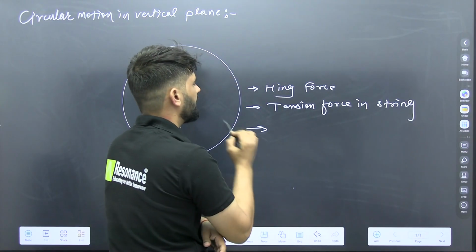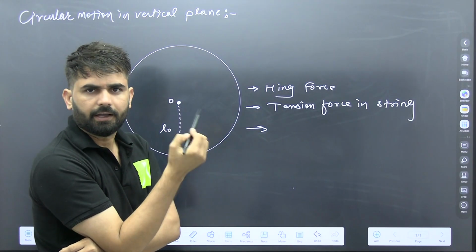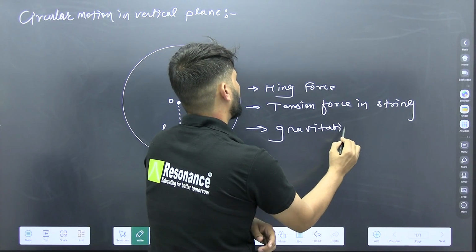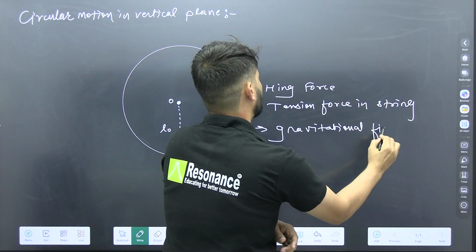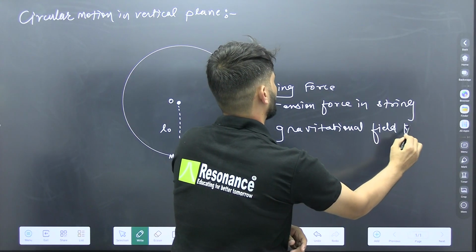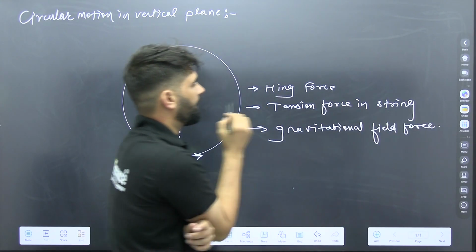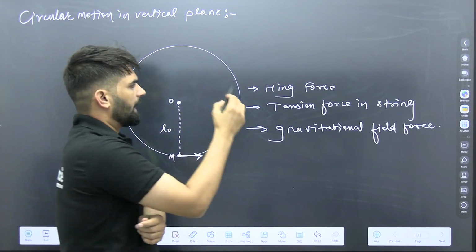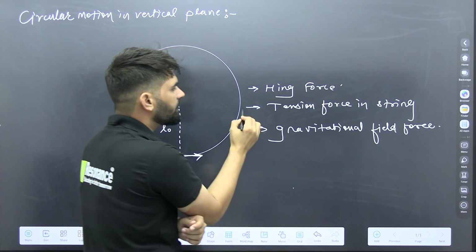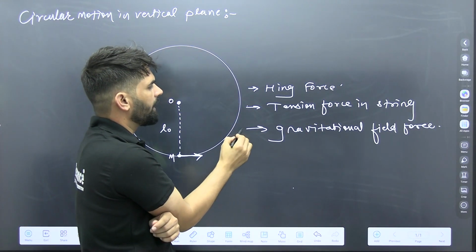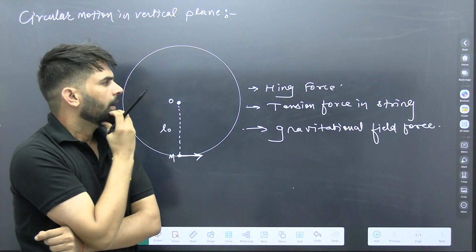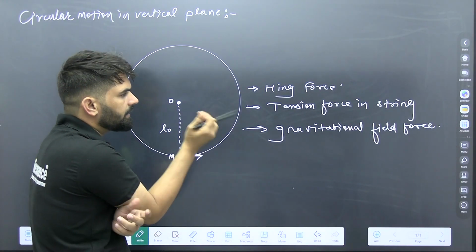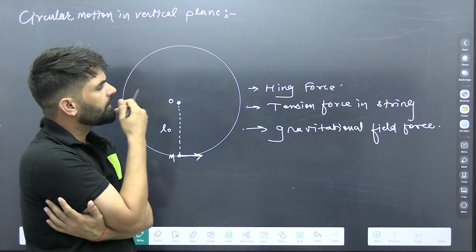And third, the field force, that is gravitational. Now let's see the work done by the hinge force, the work done by the tension force, and the work done by the gravitational force. We can simply evaluate the work done due to these three forces.